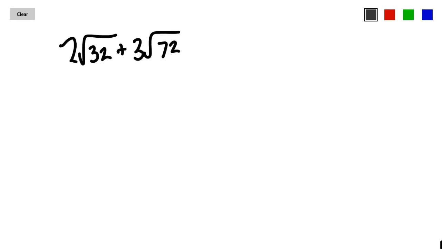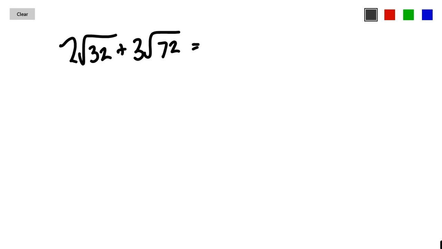So another example of this, let's say that I have 2 times the square root of 32 plus 3 times the square root of 72. So again, 32 and 72 are not perfect squares, but they do have factors that are perfect squares. So we are able to simplify these radicals.